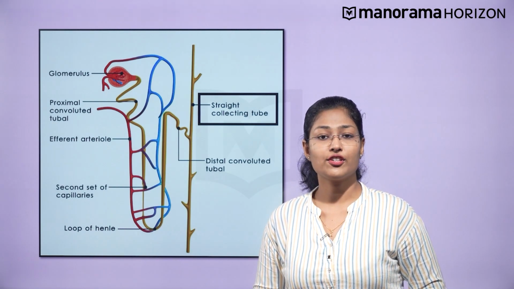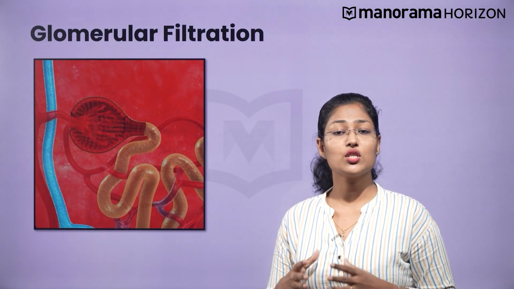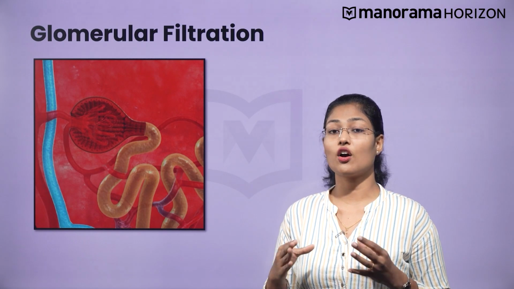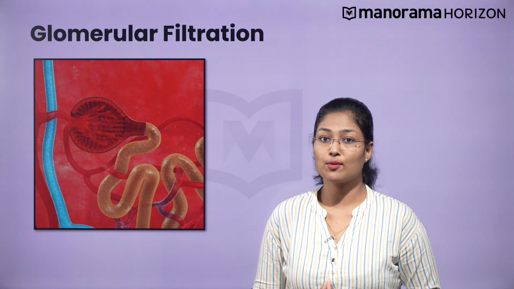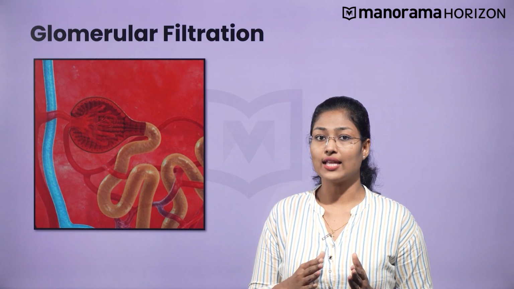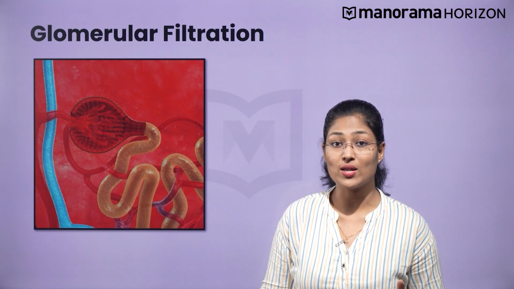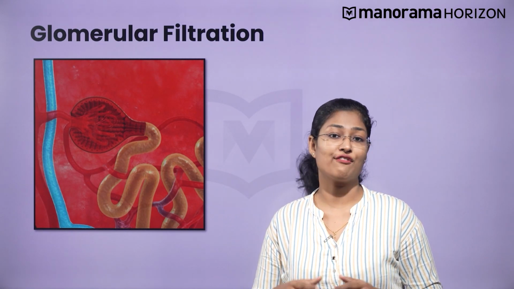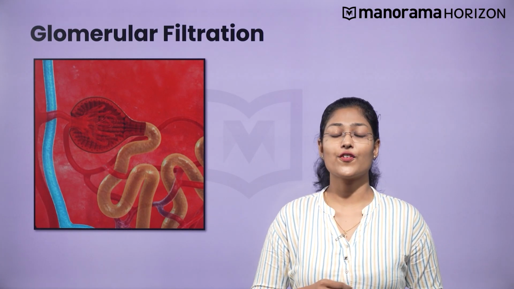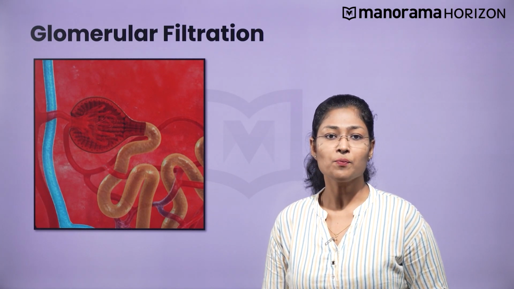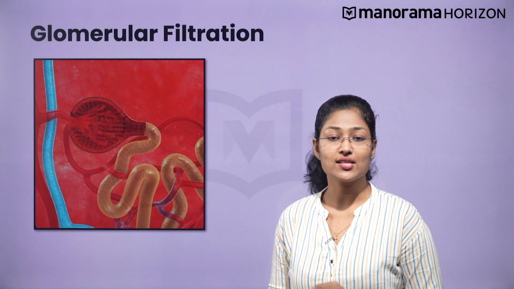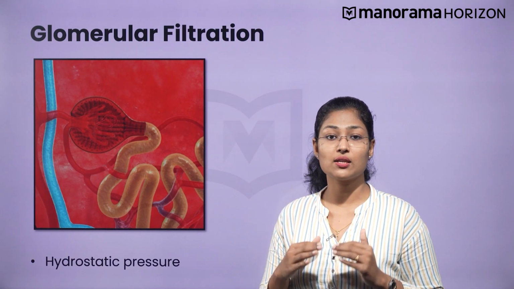In glomerular filtration, the blood undergoes filtration through the pores of the glomerulus in the Bowman's capsule. You need to note that the size of the efferent vessel is less than that of the afferent vessel. Because of this difference in the artery diameter, blood leaving the glomerulus creates a hydrostatic pressure.